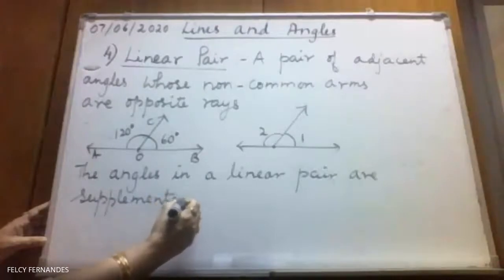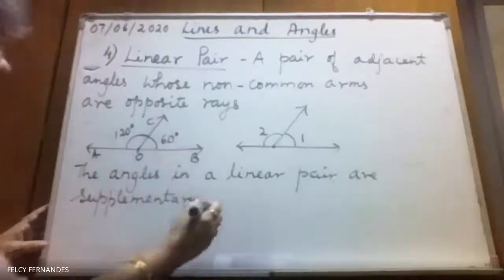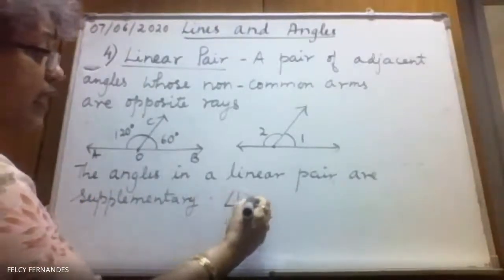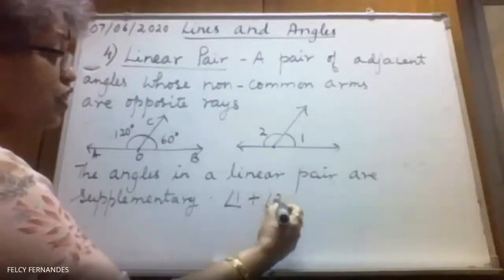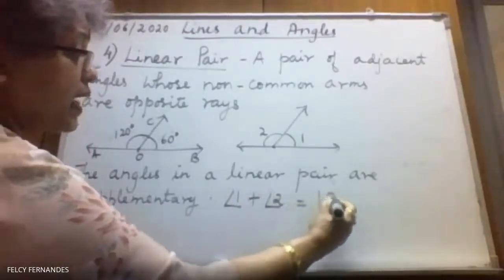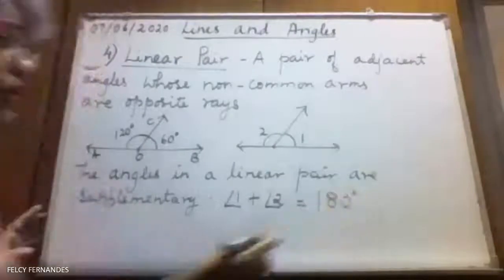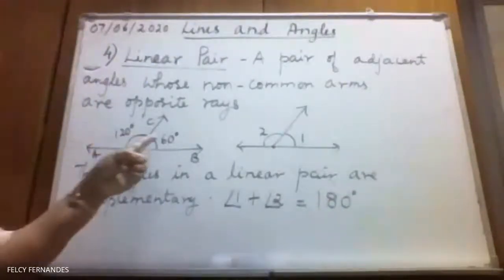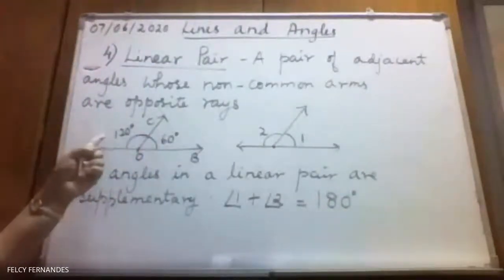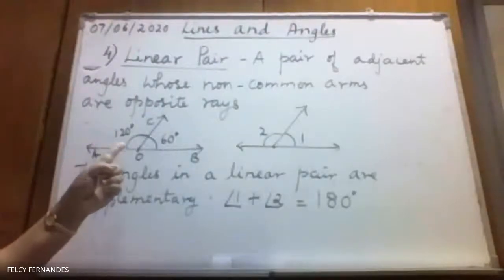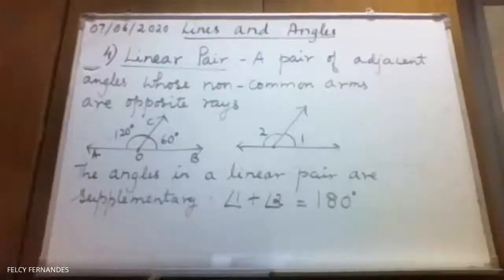They are supplementary. That means angle 1 and angle 2, when you add up these measures, the answer should be equal to 180 degrees. See here, 60 and 120, when you add up, the total should be equal to 180 degrees.